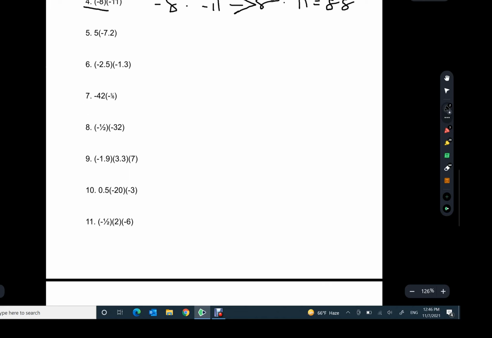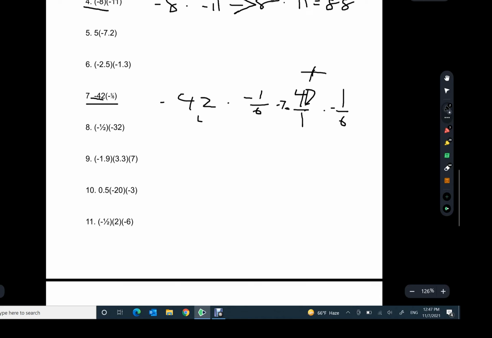Alright, so let's try another problem. Let's try number 47. So it's negative 42 times negative 1 over 6. So in this equation, two negatives, so our answer should be positive. So 1 over 6 times any number would be the same thing as dividing it by 6, because if you put both of them into a fraction, it would be 42 over 1 times 1 over 6, each with their negative, but as we all know, it's the same thing as the positive version.